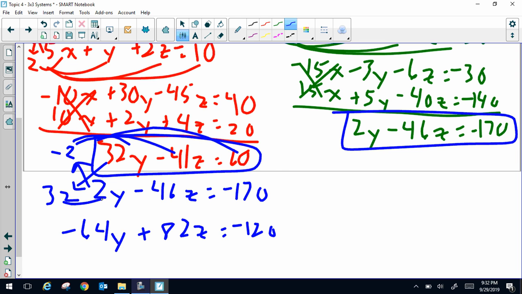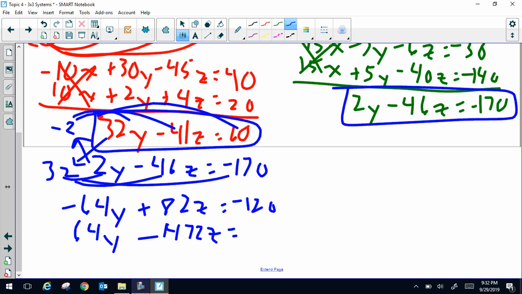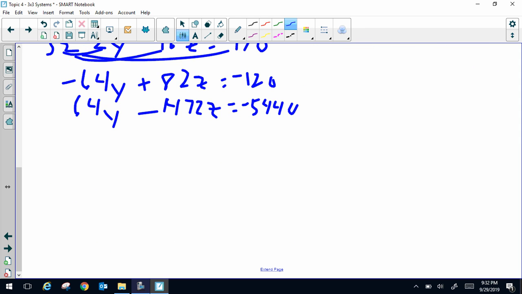Do the same thing for this side. Okay, so when you add them straight down, they cancel out.